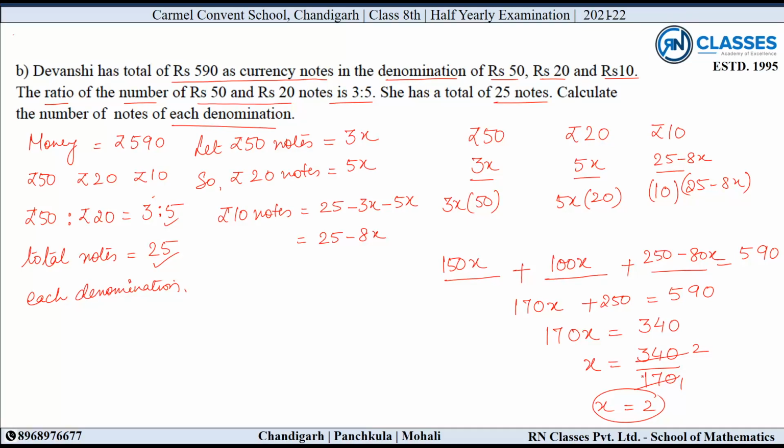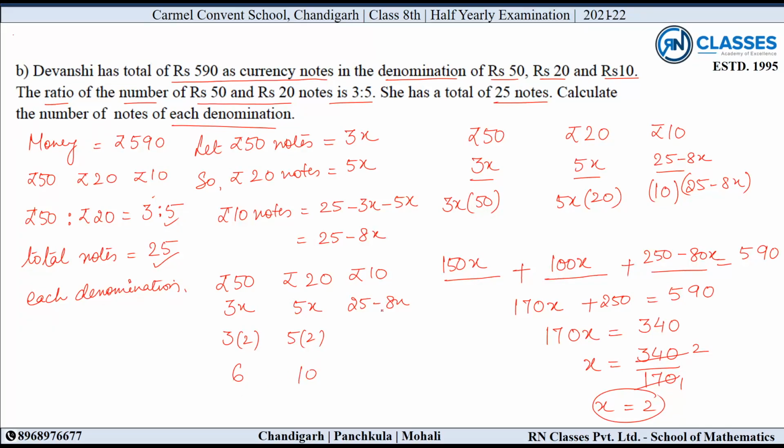So we got the denominations for 50 rupee notes, 20 rupee notes and 10 rupee notes. The numbers are 3x, 5x and 25 minus 8x. So 3 into 2, 6. 5 into 2, 10.